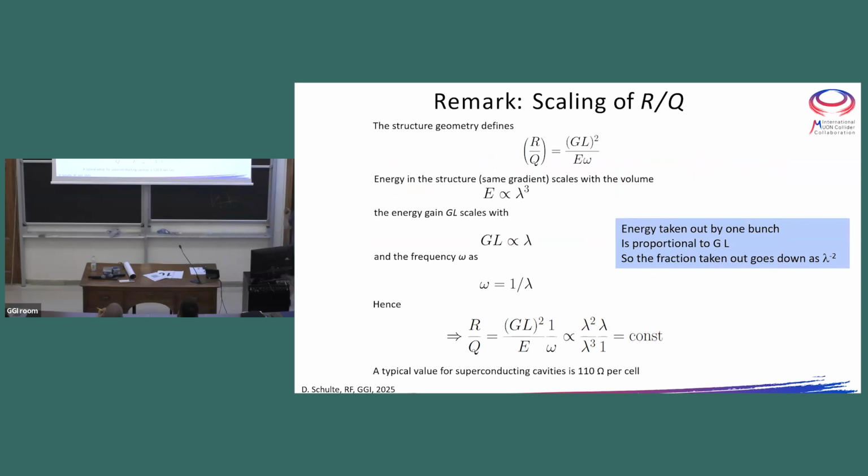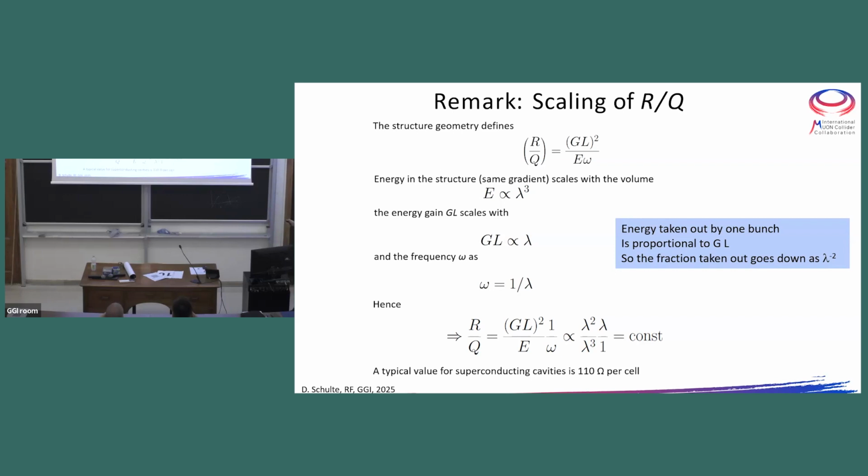Quick remark, that's why we like to play with RF frequencies. So think of the wavelength, which is the inverse of the frequency. What happens if you change the frequency, the wavelength? So we said the R over Q is given by the voltage squared divided by the energy stored times omega. It should be U, but I copy pasted, sorry, from a different lecture.